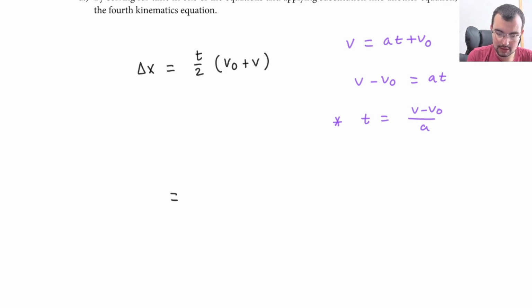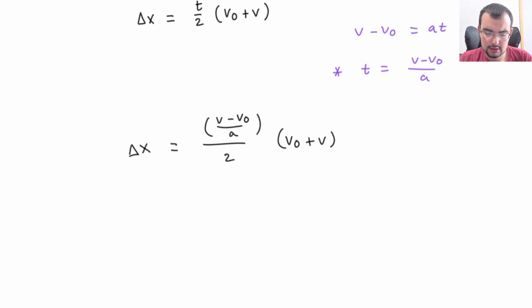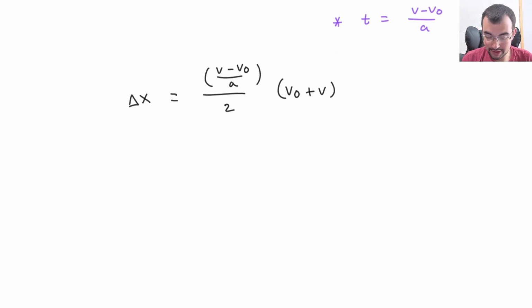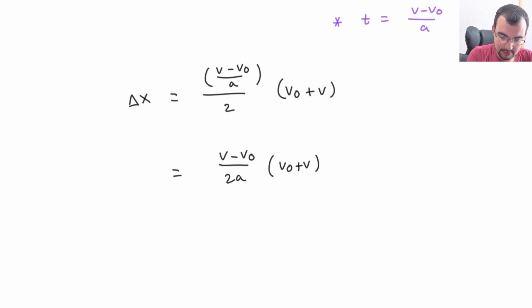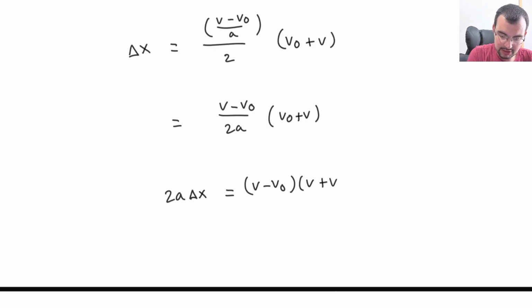So v minus v0 over a divided by 2 times v0 plus v is equal to delta x. We can do some simplifying. So cleaning up this right side, we get v minus v0 over 2a times v0 plus v is equal to delta x, or 2a delta x equals v minus v0 times v plus v0.